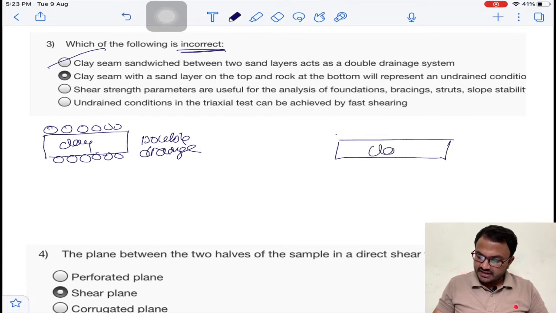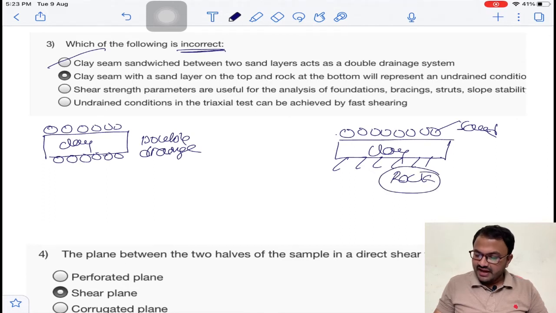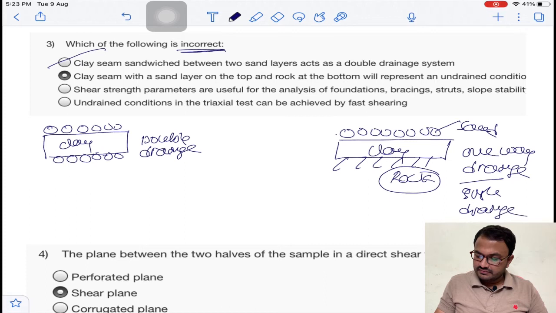In the second statement, the clay seam has a sand layer on top and rock at the bottom, so it is one-way or single drainage. But he mentioned that it represents an undrained condition, which is obviously a wrong statement. So for question number 3, B is the answer.